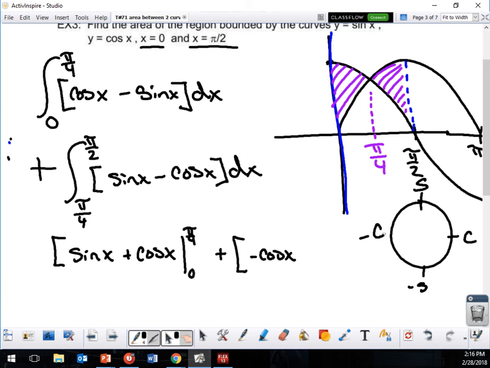Taking a derivative, I'm good. Derivative is clockwise, integration is counterclockwise, right? So the integration of negative cosine is going to give me negative sine. So this is minus sine.